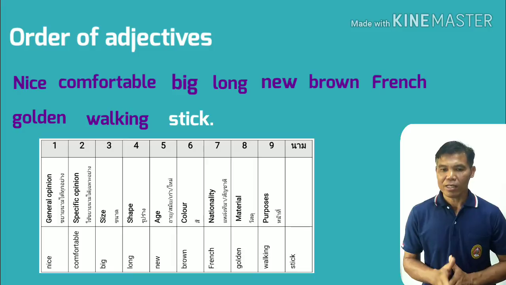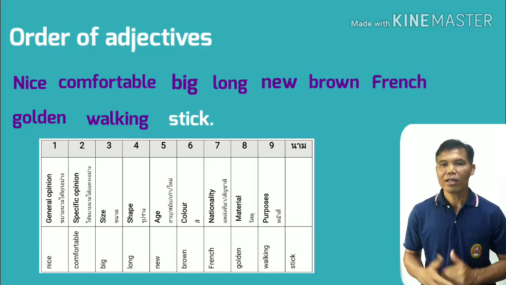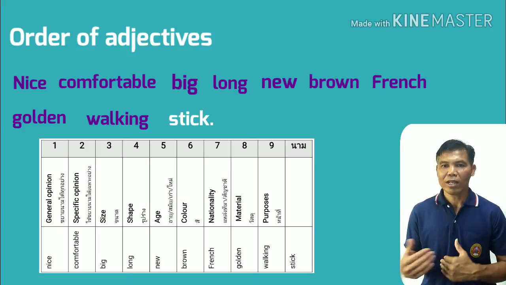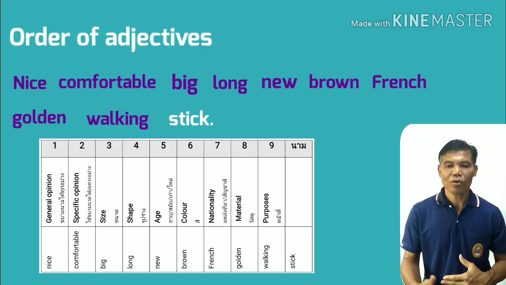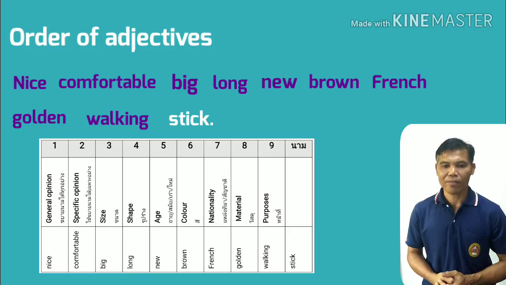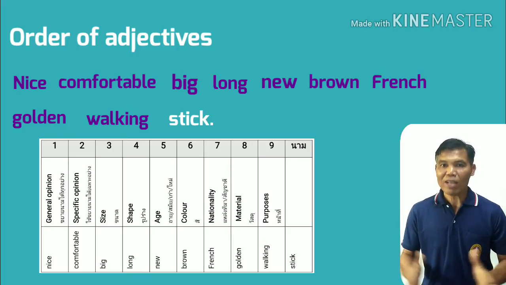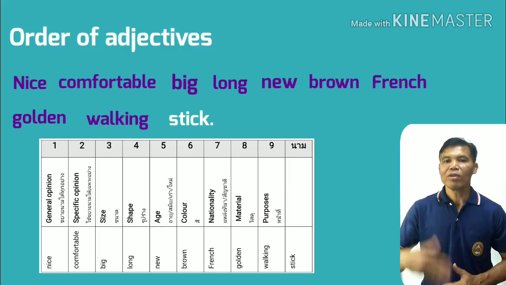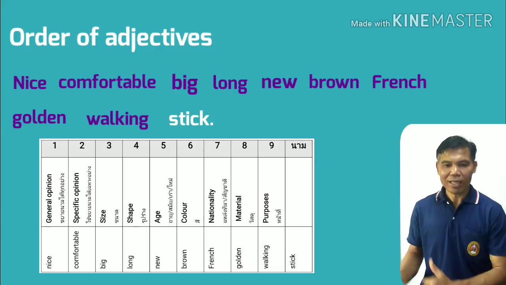Now size, big, and shape, long, age, new, color, brown, nationality, French, material, golden, purpose, walking, and then the noun stick. So make sure that you put your adjectives in proper order so you can communicate with better English.